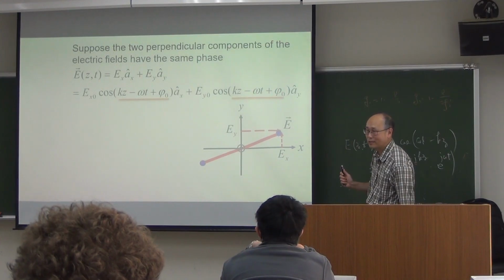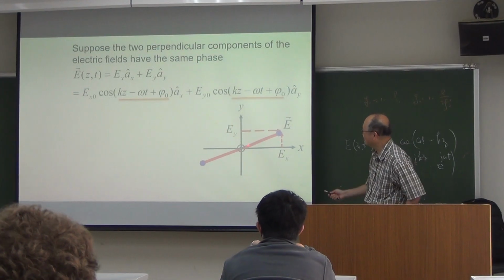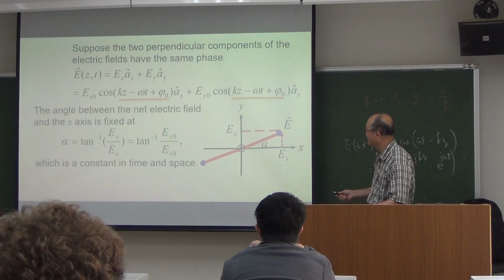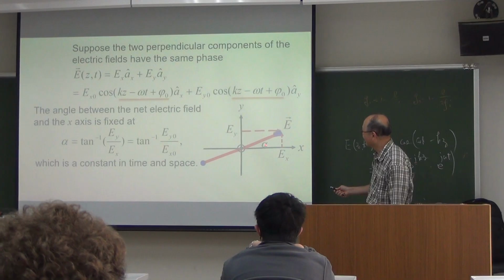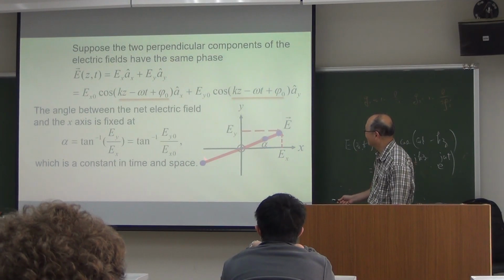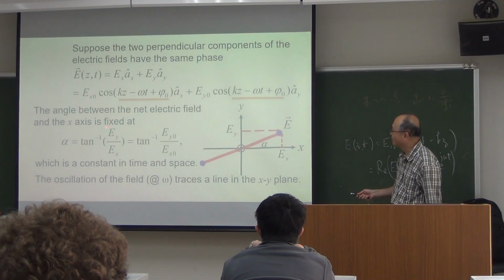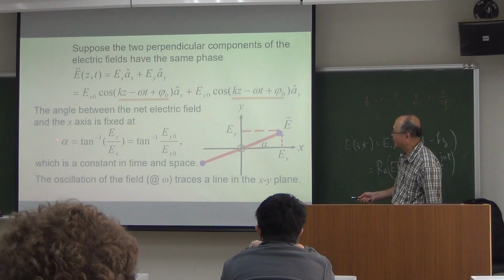But for this case, let's assume the phase of these components are the same. So we can calculate the angle alpha for this electric field. And it turns out that when you do this tangent alpha calculation, you take the ratio of these two components.